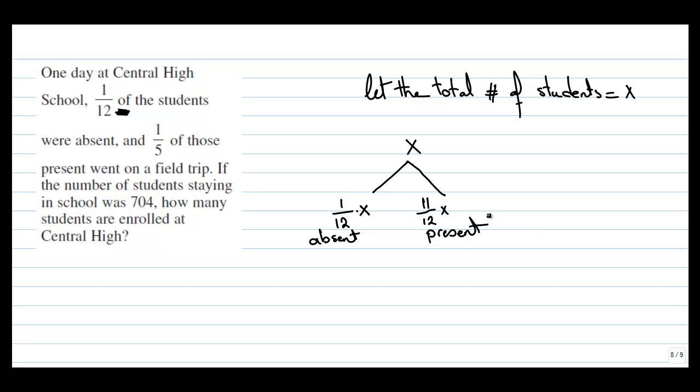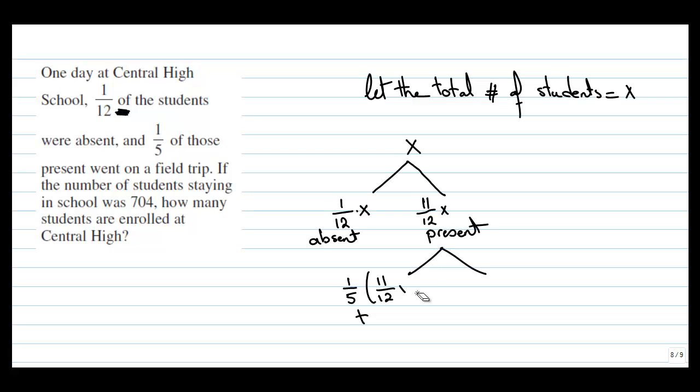All right, let's continue. And they say, and 1/5 of those present, this number, went on a field trip. So again, we're going to multiply this. They say 1/5 of the present students, this amount here, 11/12, they went on a trip.